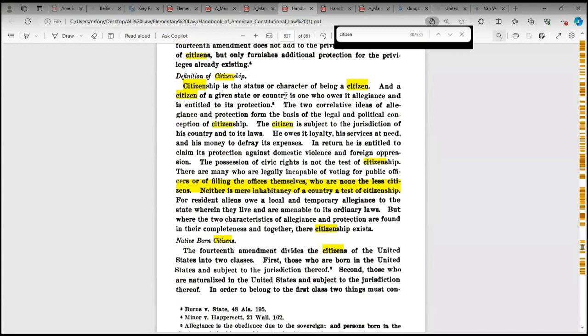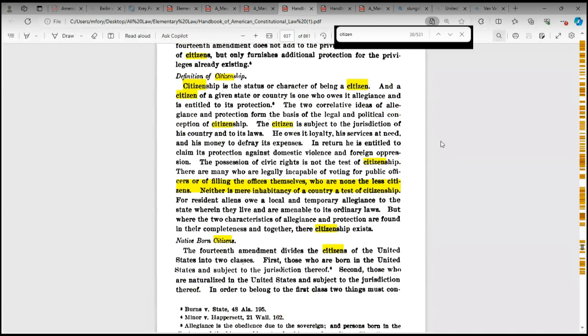Citizenship is the status or character of being a citizen, and a citizen of a given state or country is one who owes its allegiance and is entitled to its protection. The two correlative ideas of allegiance and protection form the basis of the legal and political conception of citizenship. The citizen is subject to the jurisdiction of his country and to its laws.